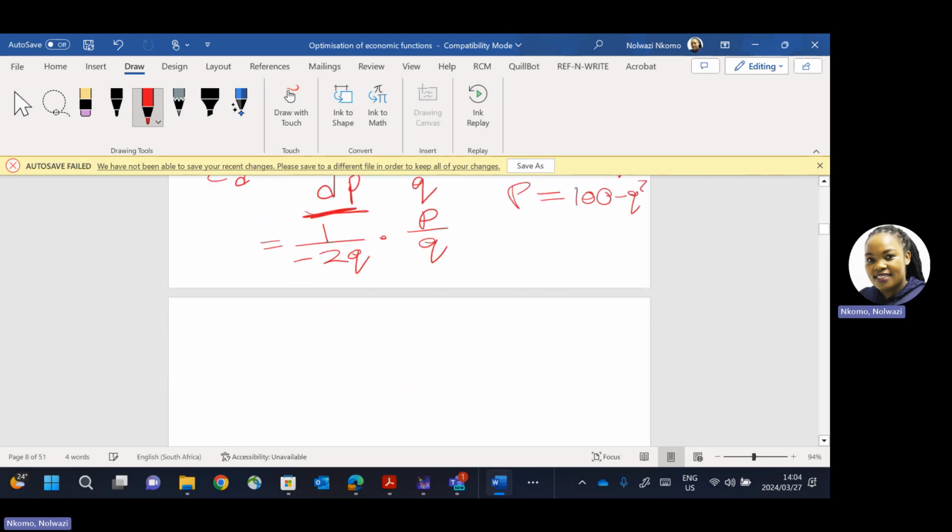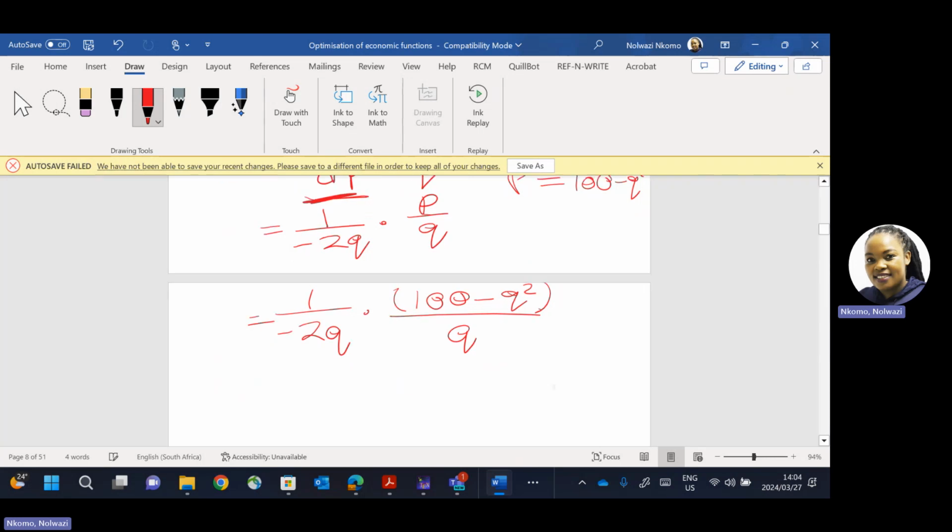So we have 1 over minus 2Q times 100 minus Q squared over Q. Where there is P, this is what I substituted P with.